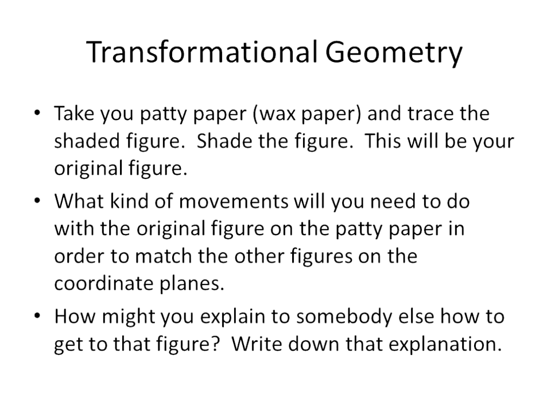So what did you do? What did you have to do with your paper, the patty paper or the wax paper, to get from the shape in the first quadrant to problem number 1, which is in the second quadrant? What did you mean by folded it? Show us. Oh, so you just took the paper and folded it over like that? Okay.